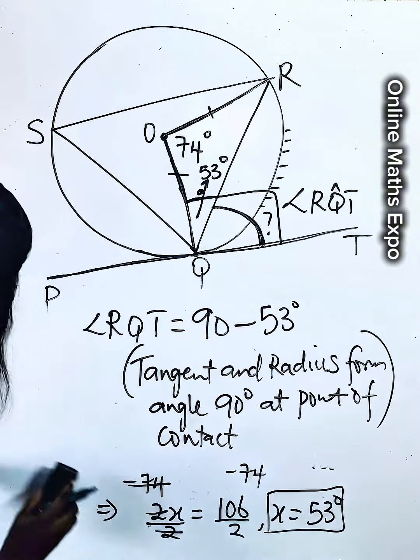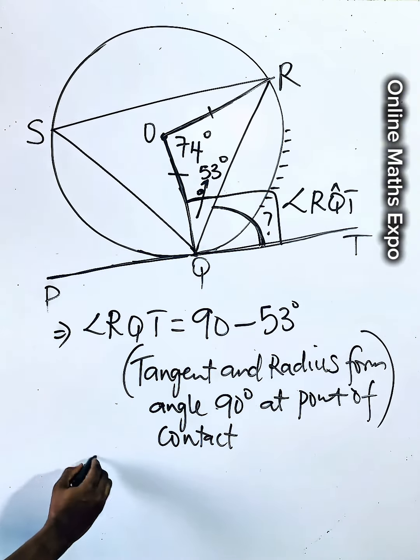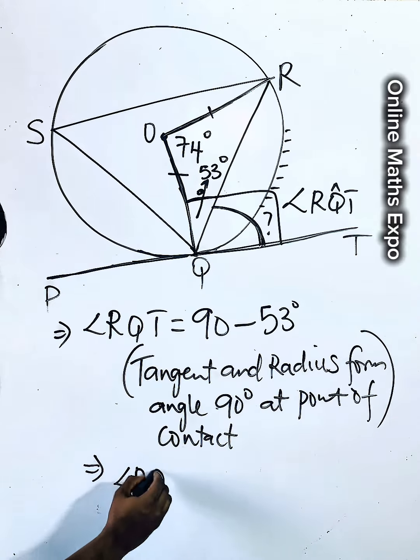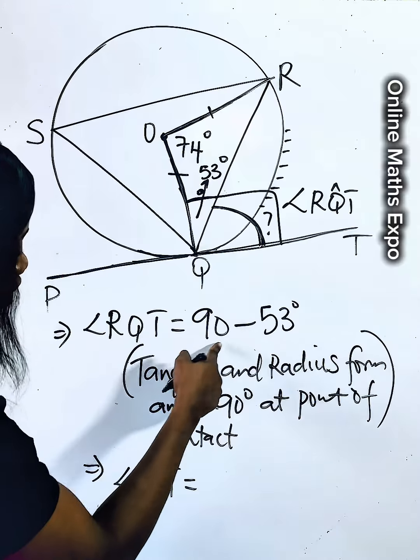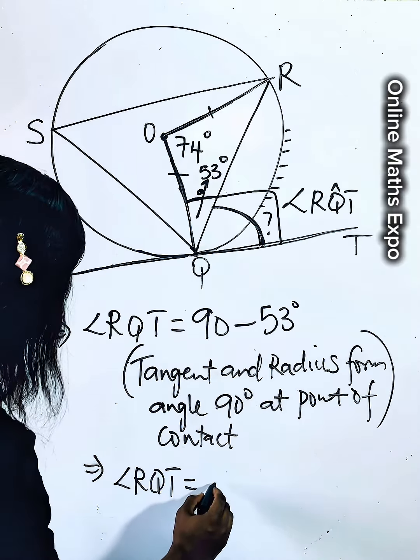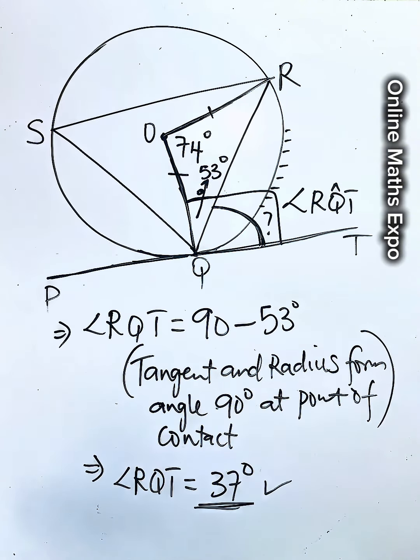So with this, we can now conclude that the angle we are looking for, angle RQT, is equal to 90 minus 53, which gives us 37 degrees, and that is our answer.